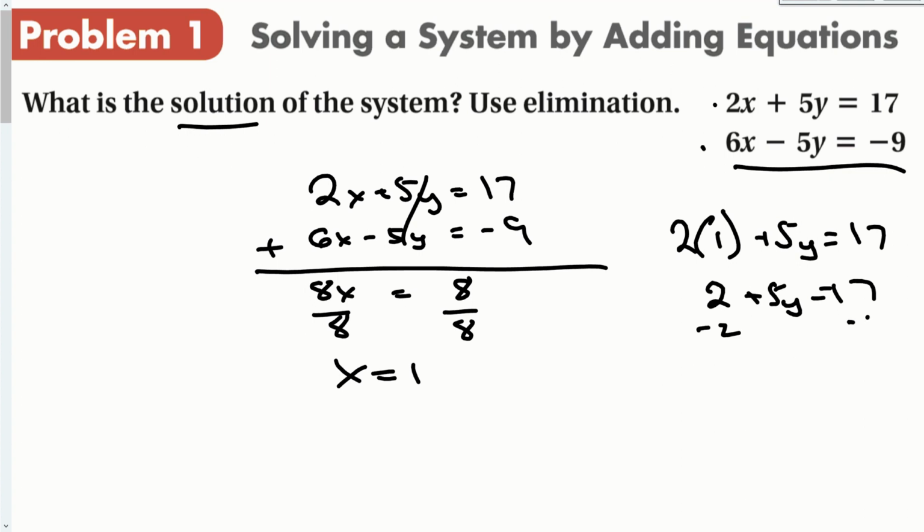Subtract the 2 from both sides, and I get that 5y is equal to 15, and y is equal to 3. So the point where these two lines intersect is 1, 3. So my solution is 1, 3. Let's look at some guided problems.